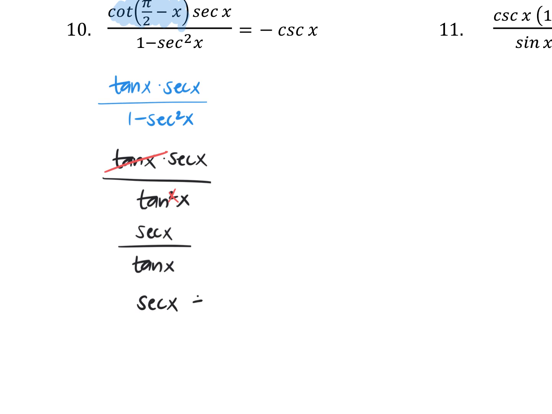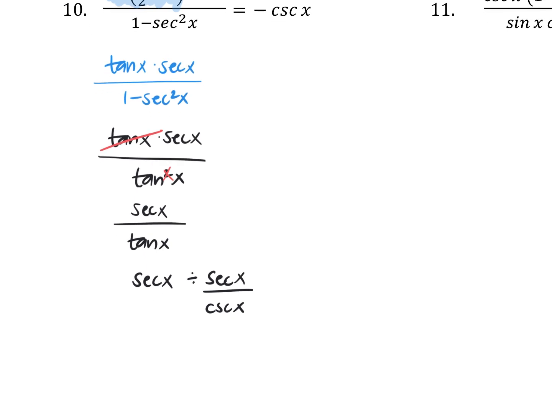Secant x divided by tangent, so divided by secant x over cosecant x, which would be the same thing as times the reciprocal. So I could cancel those out.